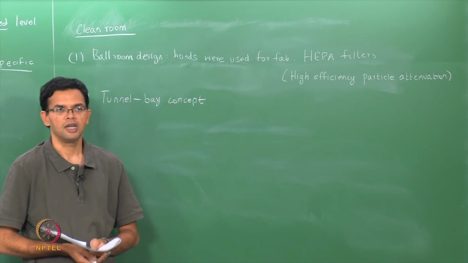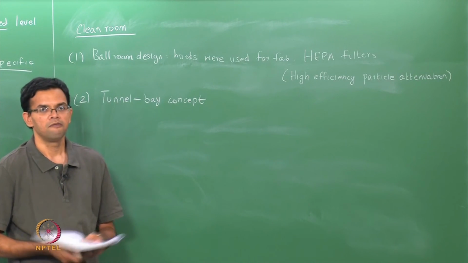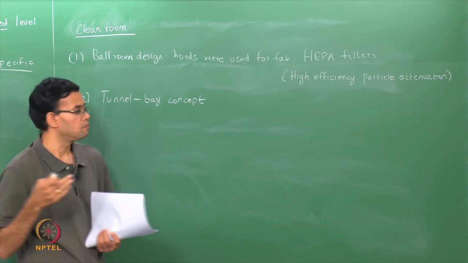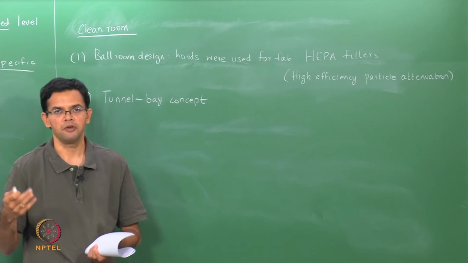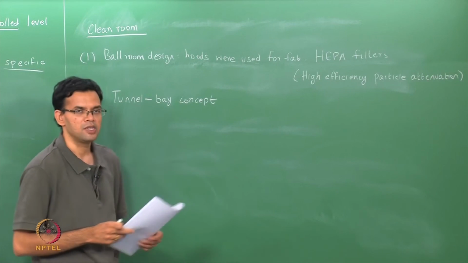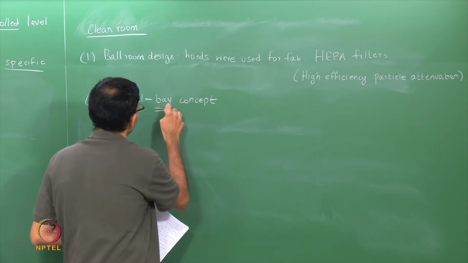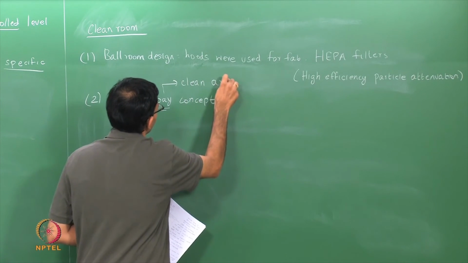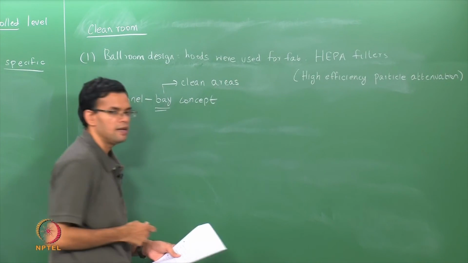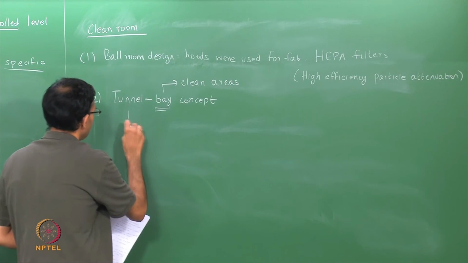So, in the case of the tunnel and bay concept, physically different sections of the fab were physically separated by walls. So, the bay represents the clean areas of the fab, and the tunnel represents the area between the bays.